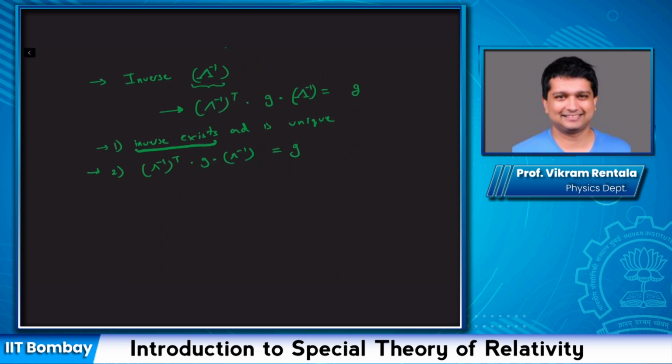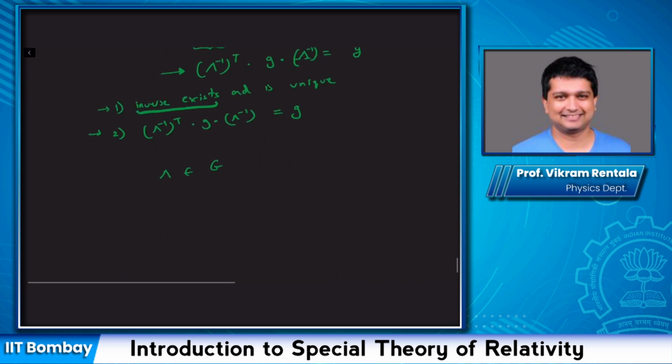So let's check what the determinant of any matrix is that belongs to the set. If lambda belongs to the set, then lambda transpose dot g dot lambda is equal to g.